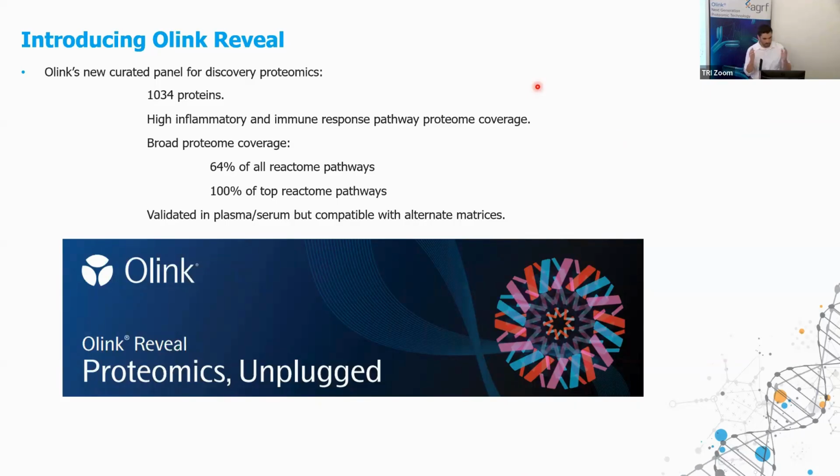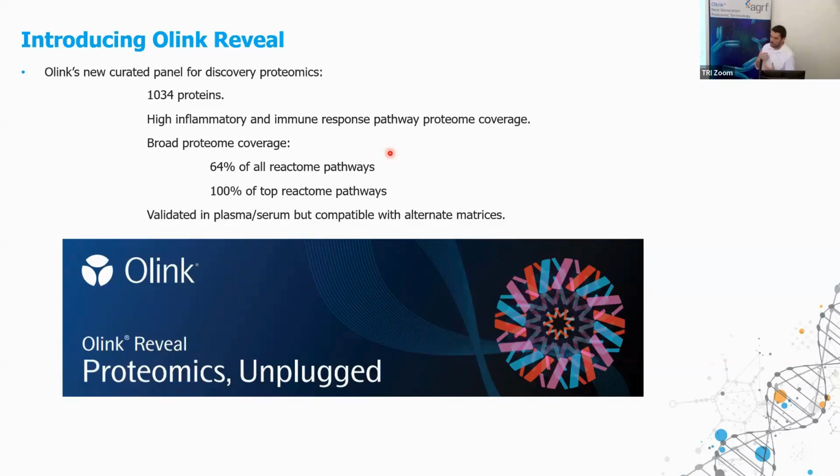So this is Olink Reveal. It's a highly curated panel, and in terms of proteome coverage it's 1,034 proteins, so it can sit in between the targeted workflows and the Explore panel. It has high inflammatory protein and immune response pathway proteome coverage, but it's heavily curated, in the sense that it covers 64% of all Reactome pathways and 100% of all top Reactome pathways.